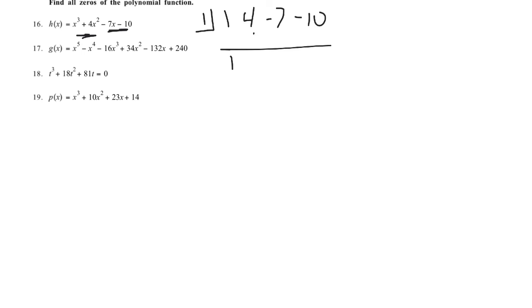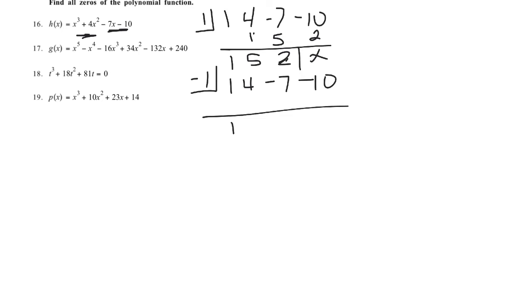So 1, 5, 2, 2 doesn't work. Negative 1, 1, 4, negative 7, negative 10 are my coefficients. 1, negative 1, let's see, 3, negative 3, negative 10, and positive 10, 0. So I got a zero of negative 1.